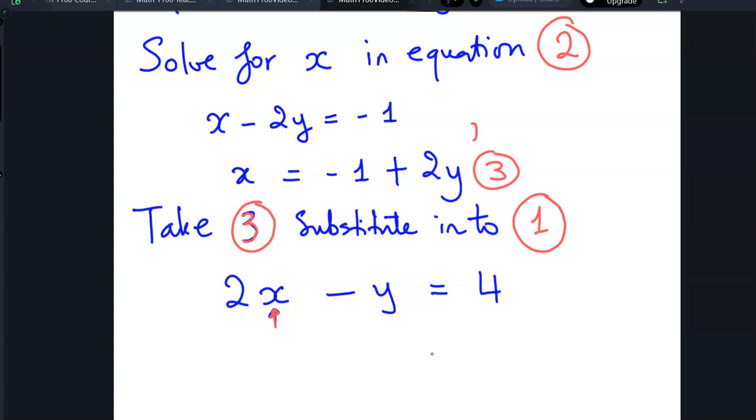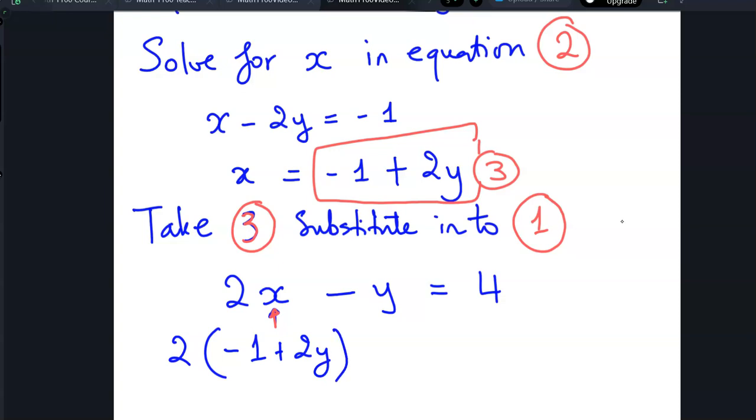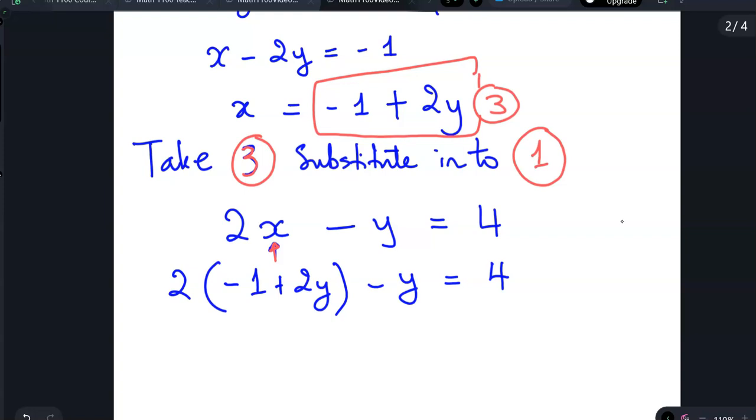That means I will substitute where x equals. So instead of writing x, I will write this entire equation in here. So the position of x will become minus 1 plus 2y. Rewrite everything else exactly the same again.